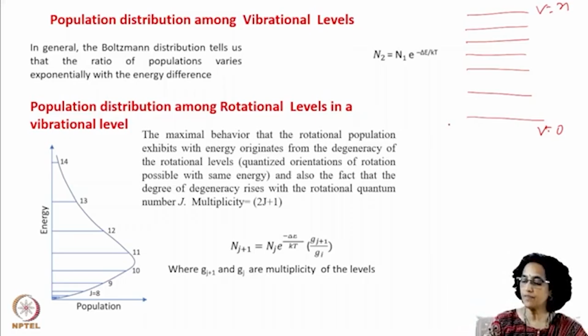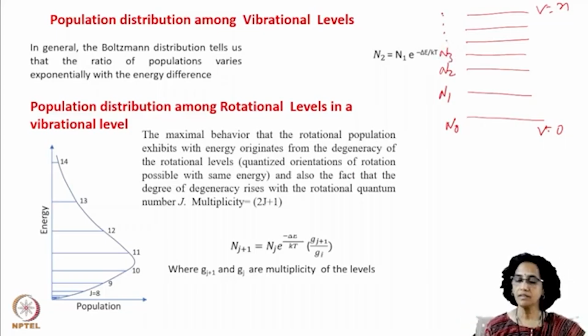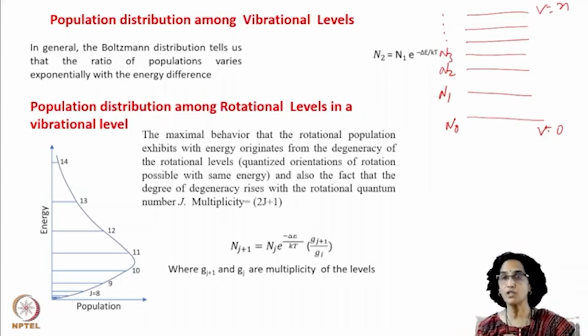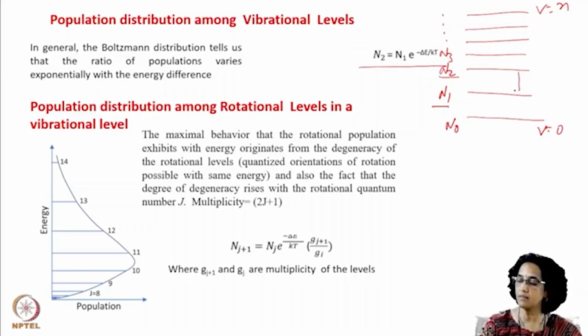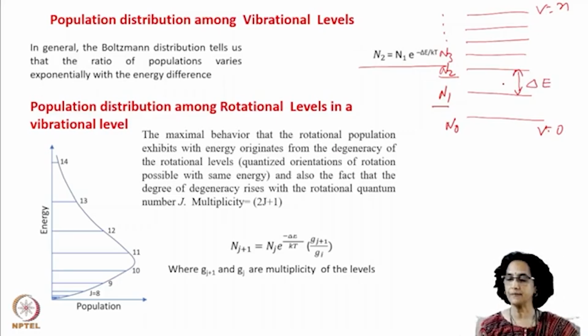If the population here is N0, N1, N2, N3, and so on, then the population is distributed among these vibrational levels as per the Maxwell-Boltzmann distribution. And this is given by, if we are talking about N2, the population here, in terms of N1, then N2 is N1 e raised to minus delta E by kT, where delta E is the difference between the two energy levels.